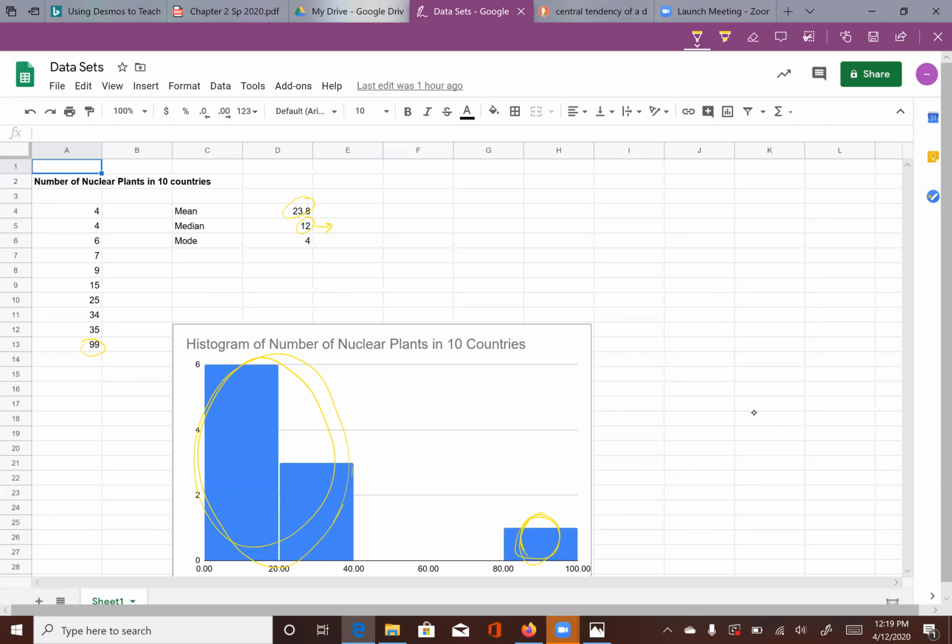The mean is already being affected by the outlier, the entry of 99. So when you have skewed data like this, where the data is skewed to the right in the histogram, using the mean is not a good measure of central tendency.